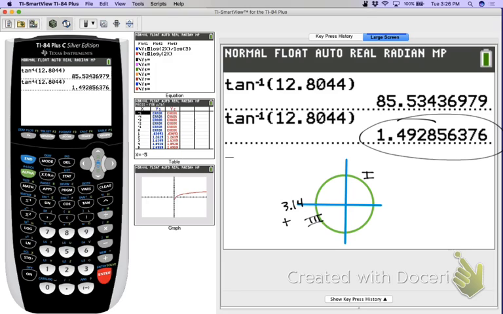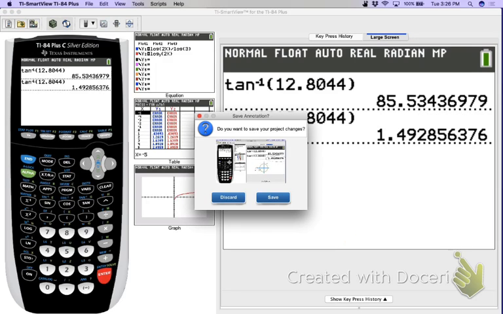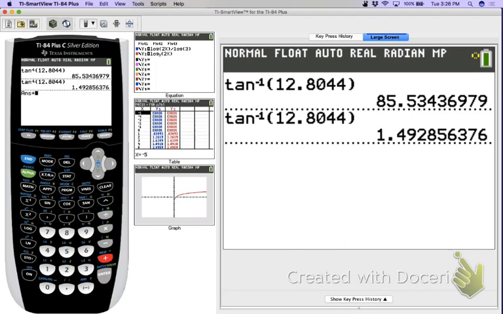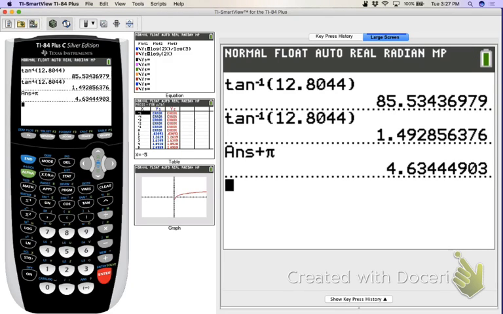So I'm just going to take this number and add pi. 4.634544, whatever you want to call it. I would just add pi.